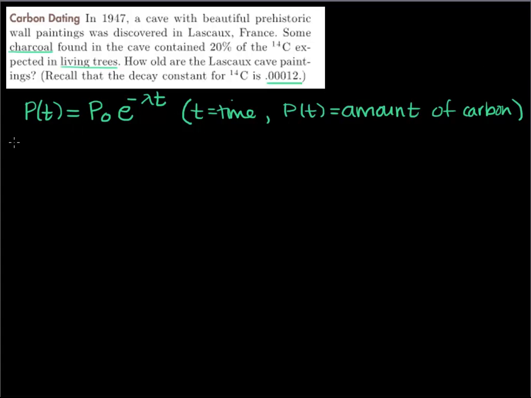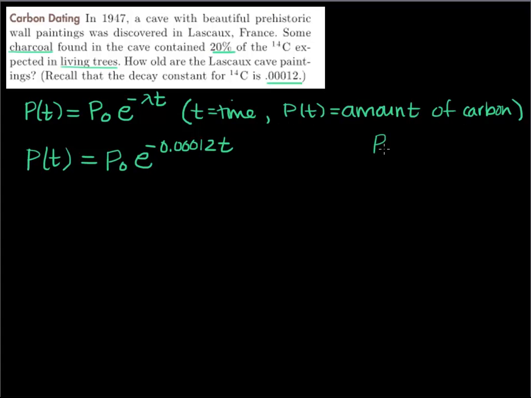This might be my last example because this video is getting a bit long. All right, so what do we know? I think you're going to see this isn't too bad. So I'm going to have e to the negative 0.00012 t, where again, P is the amount of carbon.